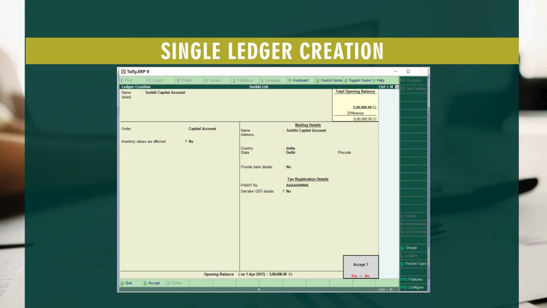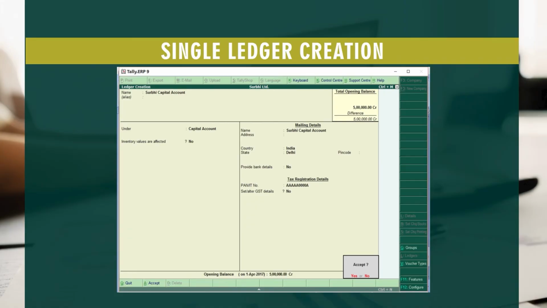You can see opening balance is mentioned as on 1st April 2017, and the balance is 5 lakh rupees, and within side of the balance you can see that there is CR written. CR means credit. Capital is having a credit balance, so therefore it is showing credit.